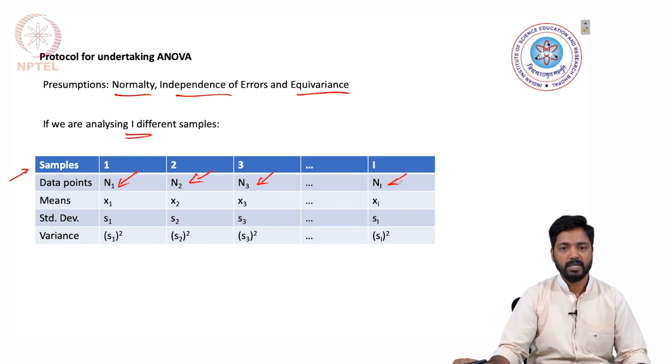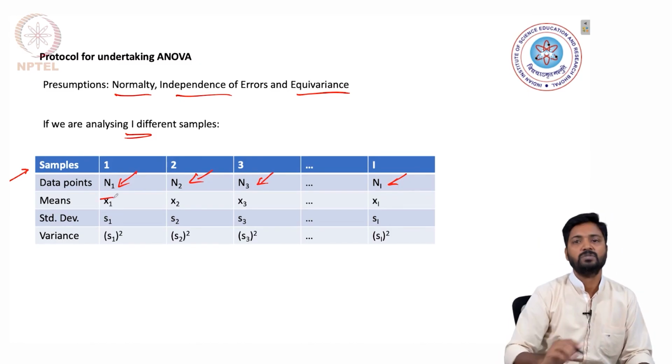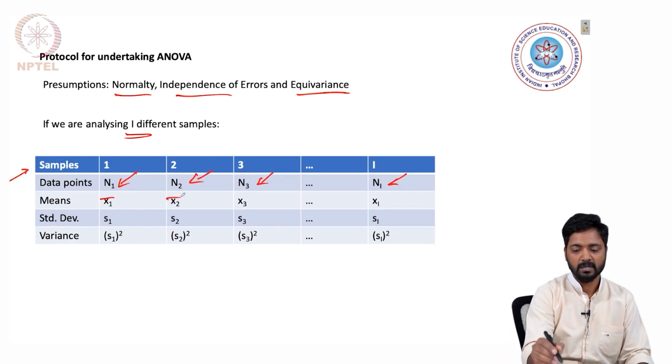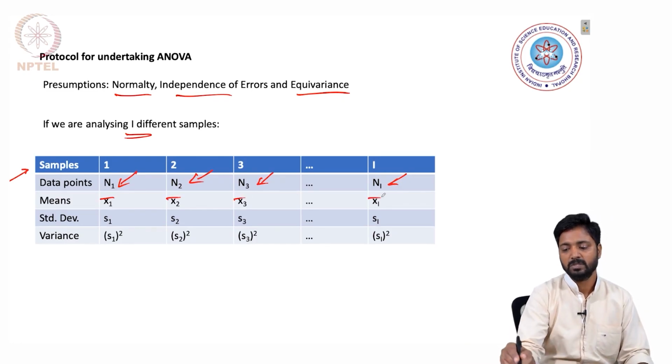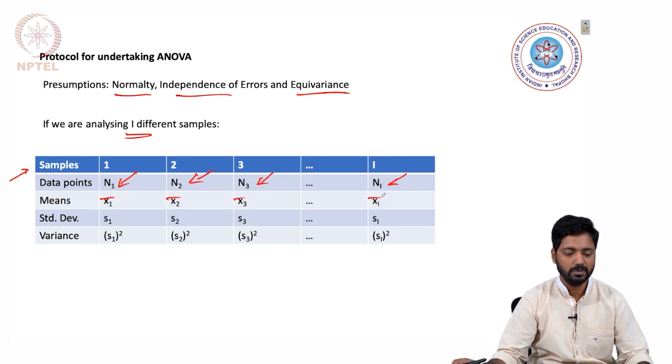So these individual samples will also have their means, which will be given by x1 bar, x2 bar, x3 bar, and so on. And since these are samples, they will also have their own standard deviation values, which we denote as S1, S2, S3 and up to Si for the ith sample.